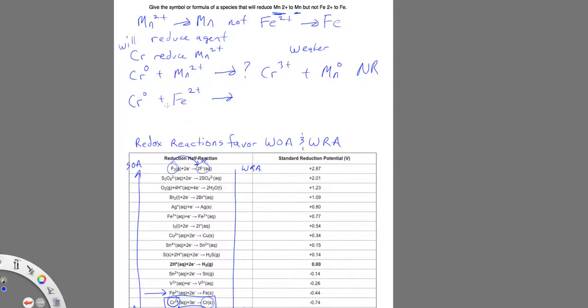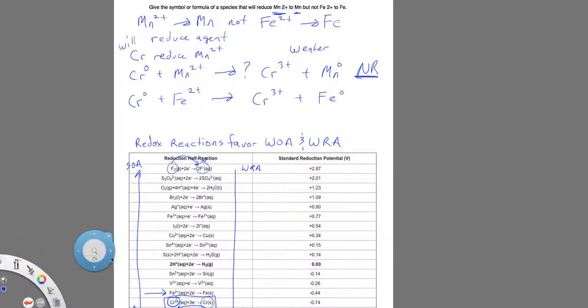Okay, what would we get in this case? So chromium, again, would become chromium 3, and iron 2 would be reduced to iron. And we would have to balance it. These reactions are not balanced.